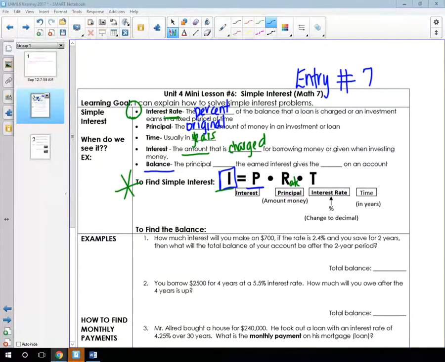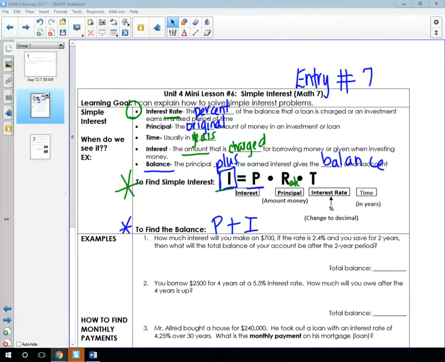So the balance is the principal, which was the original, plus the earned interest. The balance is that total amount that you owe back at the end of the time. So to find the balance, you're just going to simply add the principal plus the interest that you've earned.